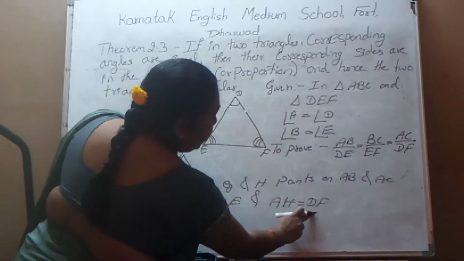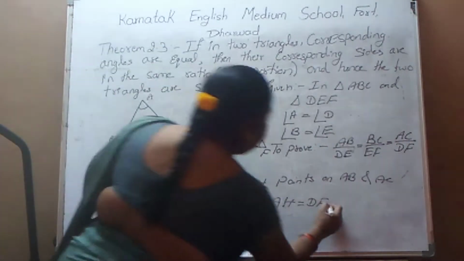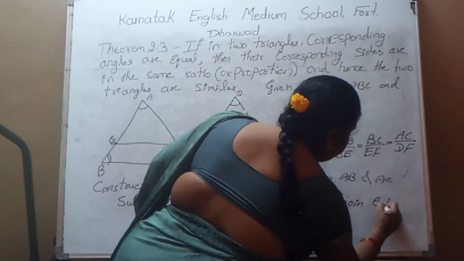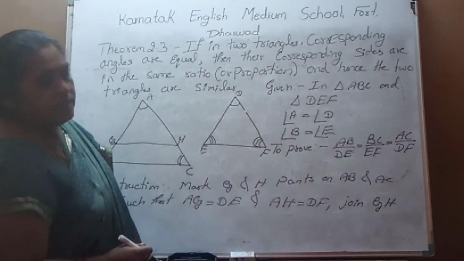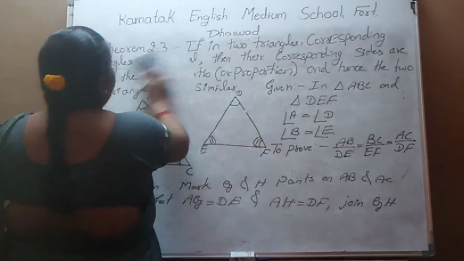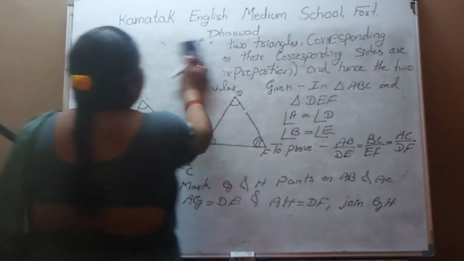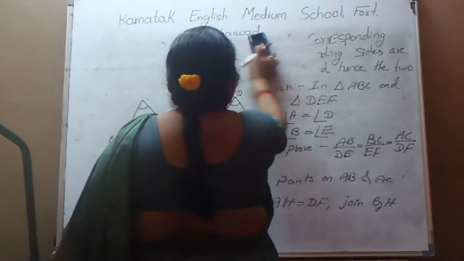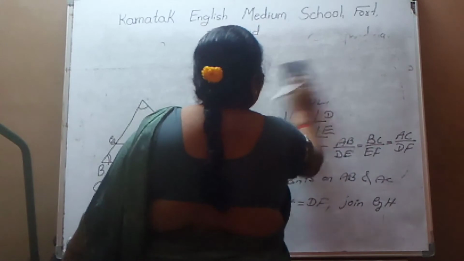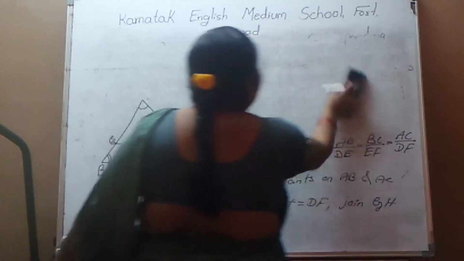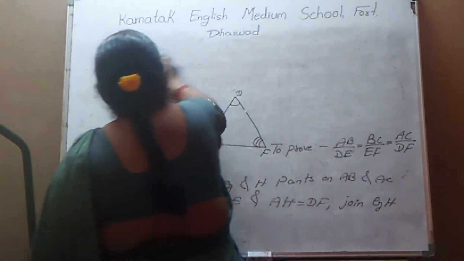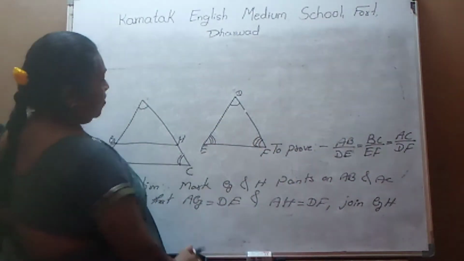This is, join GH. How can you prove this? So, proof.